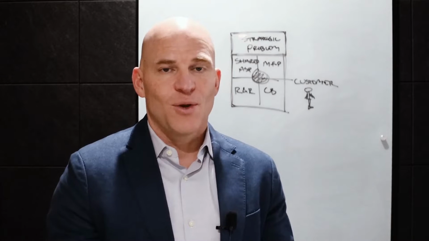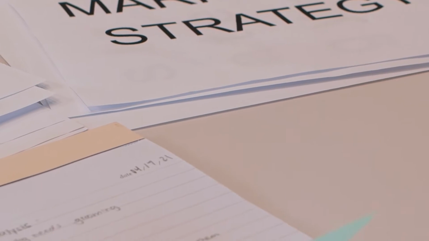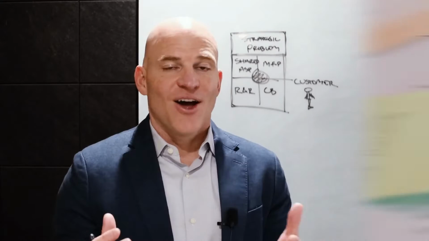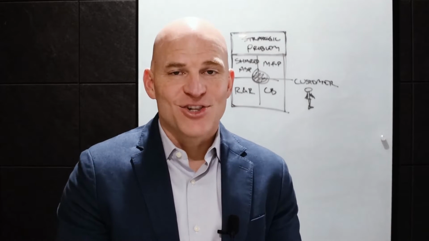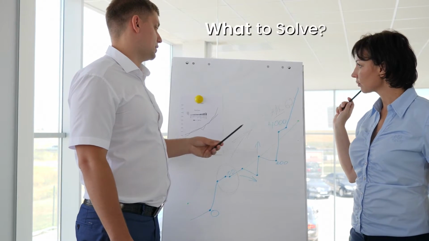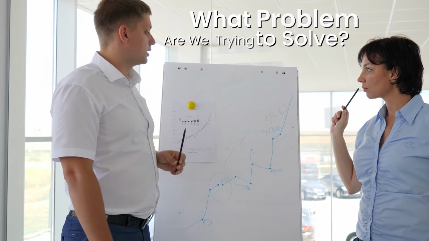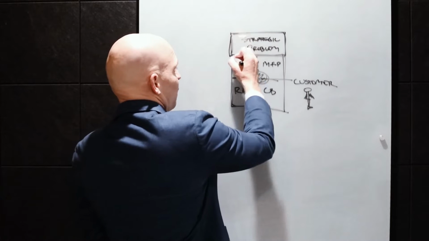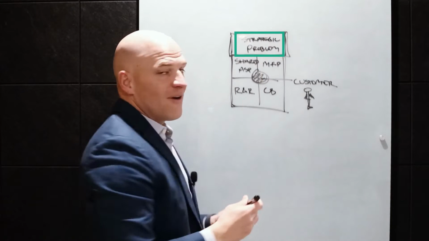But companies will show me whatever document they have, whether it's their strategy or their strategic plan. And oftentimes I'll scan through it, and number one, I won't find the customer mentioned that frequently. That's a whole other issue. But the bigger issue is that they don't identify the problem they're trying to solve or overcome with their strategy. And that's why this is such a critical first step.